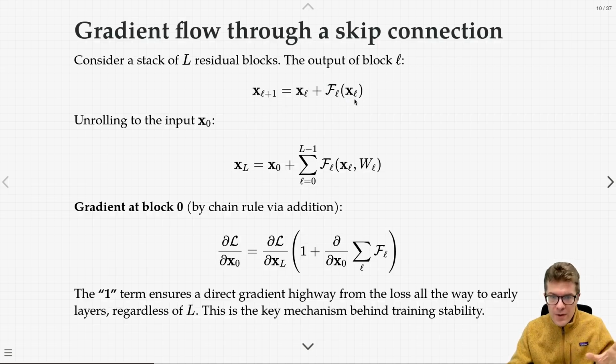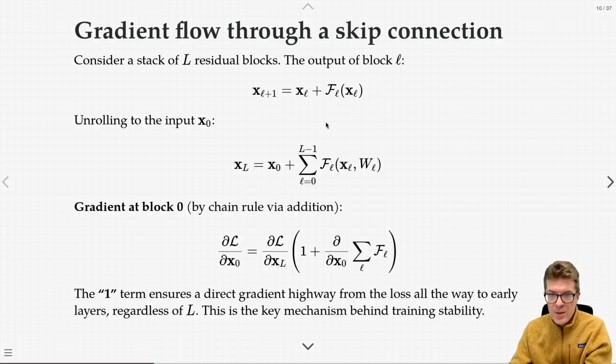If you unroll this all the way back to X sub 0, then you have X sub 0, and I mean, you can do this yourself, right? So this is a recurrent function. So start with big L, which is the inputs to your last layer.